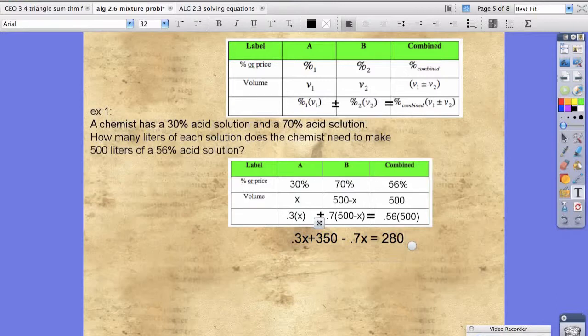Then we're going to combine like terms, so 3/10 x minus 7/10 x becomes negative 4/10 x plus 350 equals 280. Then we're going to subtract 350 from both sides, and we're going to be left with negative 4/10 x equal to negative 70. So then we're going to divide by negative 4/10 on both sides.